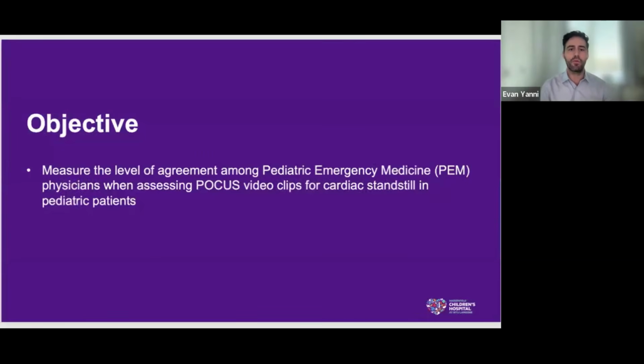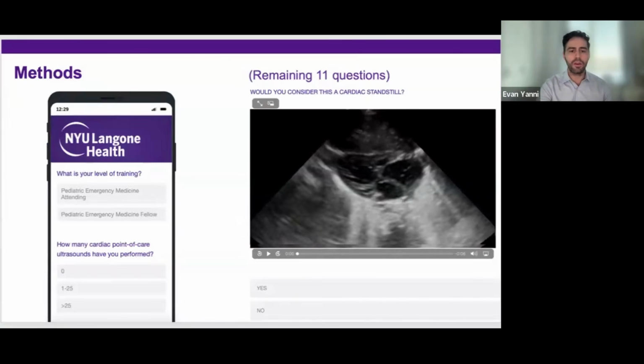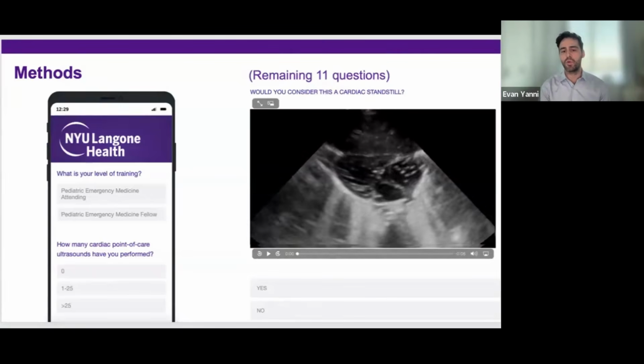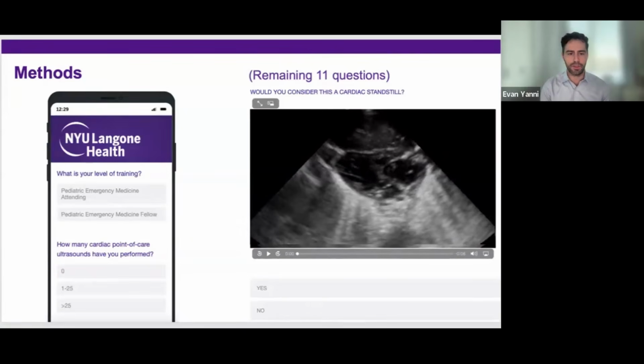So our objective was to measure the level of agreement among pediatric emergency medicine, or PEM, physicians when assessing POCUS video clips for standstill in pediatric patients. For our methods, we used a single online cross-sectional convenience sample survey that we administered to a listserv of over 2,600 PEM physicians.